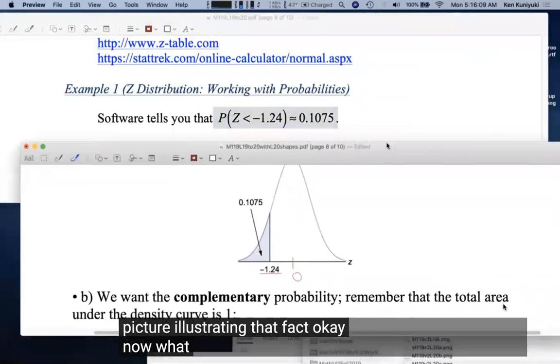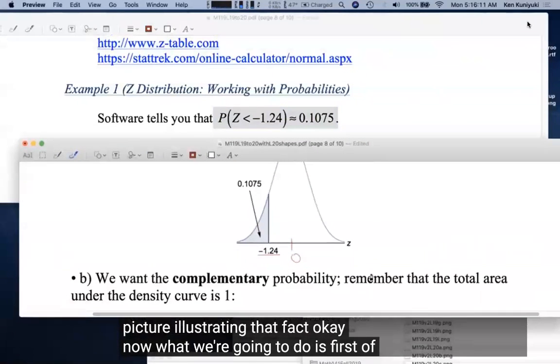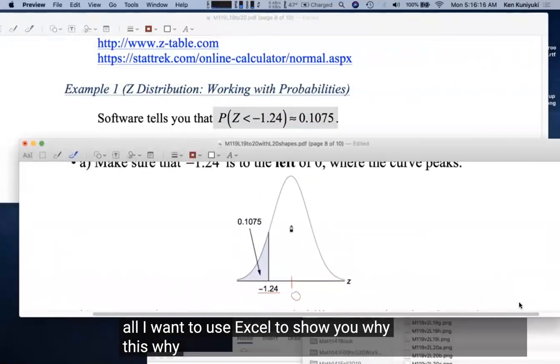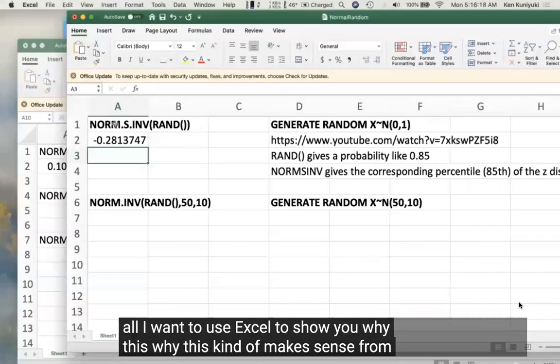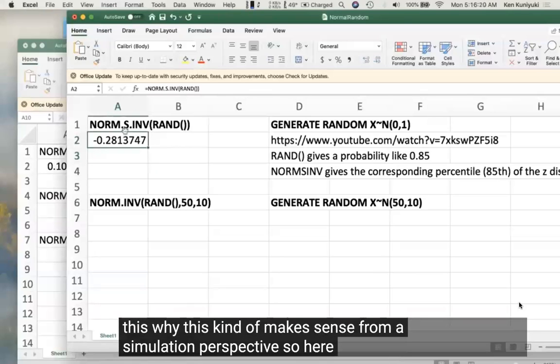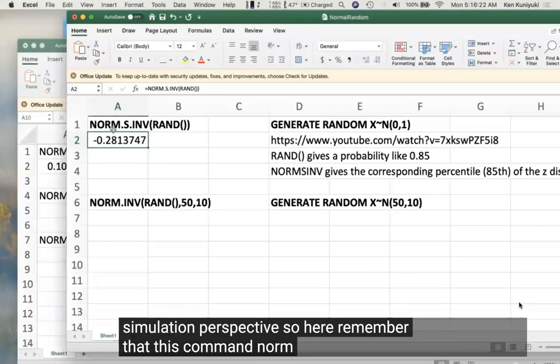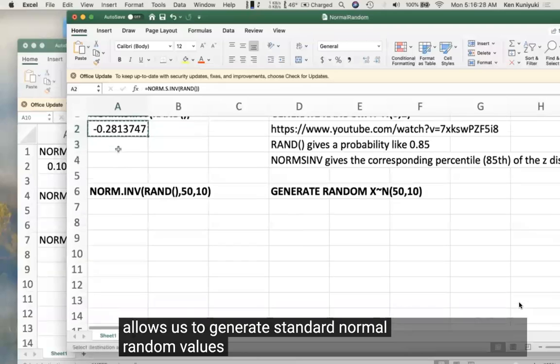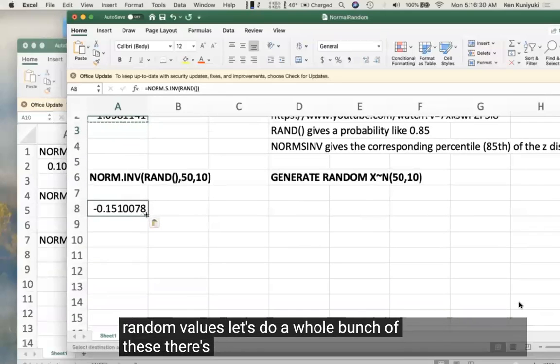Now, first of all, I want to use Excel to show you why this makes sense from a simulation perspective. Remember that this command, norm.s.inv, allows us to generate standard normal random values. Let's do a whole bunch of these.